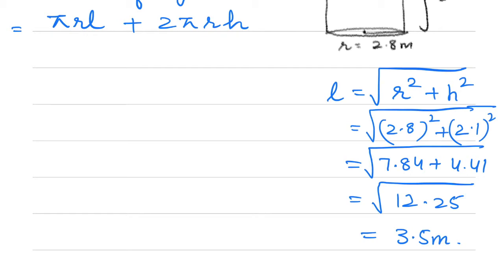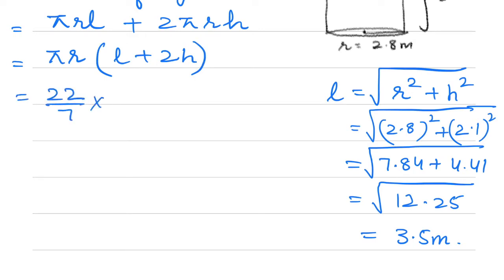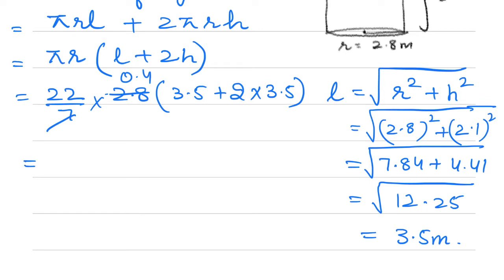Now let's substitute this here. So pi and R I can take common here. So I have L plus 2H left. Pi is 22 by 7 into radius is 2.8 for both, and L is 3.5 plus 2 into 3.5, height of the cylinder. So this is 8.8 into 3.5 plus 7.